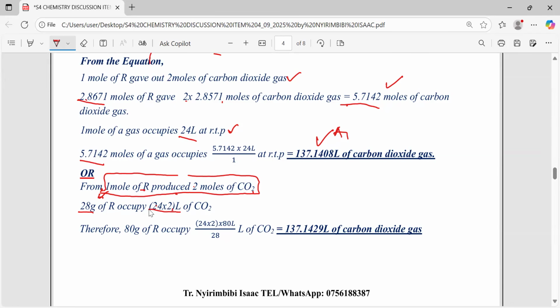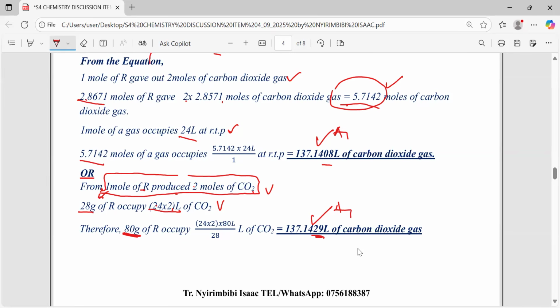Now, if 28 of R occupy this volume of carbon dioxide, what about the 80 grams they have given us? So we get 24 times 2 over 28 times 80. Are you seeing that you get the same answer? The difference in the points is just the error which we get when we are rounding off here. But you can see it is the same answer. In 3 lines, I get all the scores.